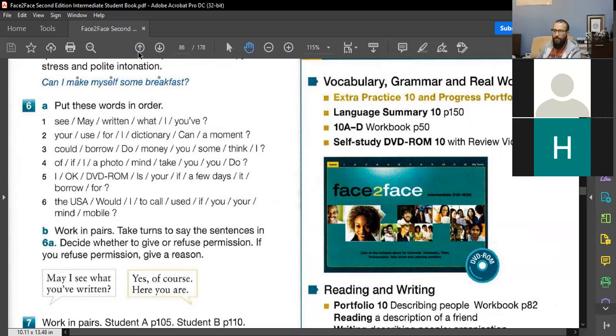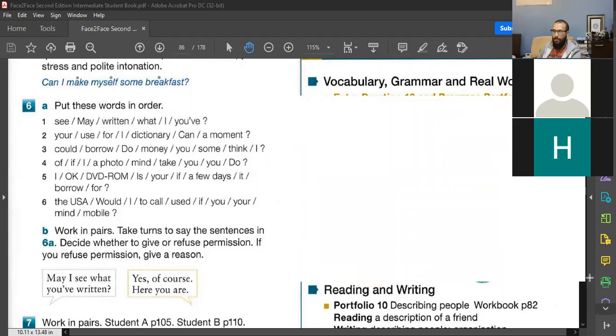So what about number 1? Which word is the first one? Remember, all of them are asking for permission. What do you think is the first word? May. May I see? Okay, I'm going to write it here. May I see?